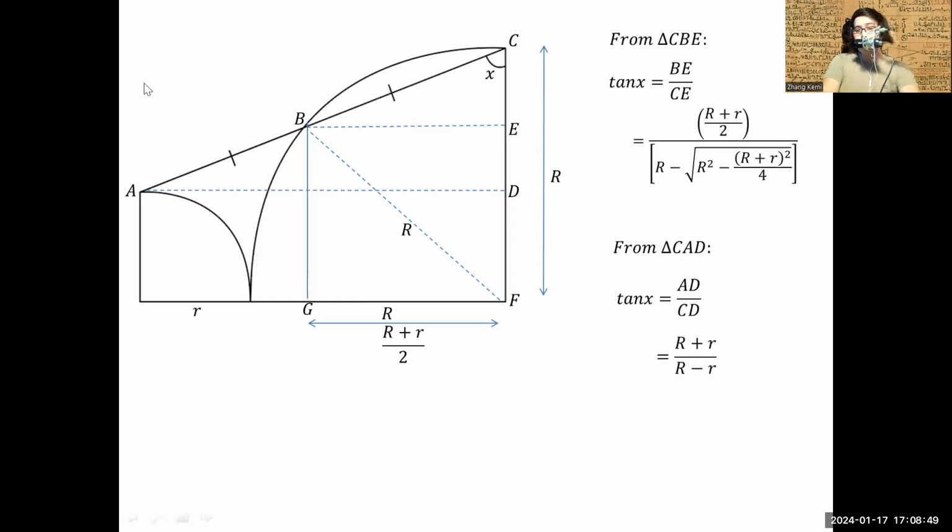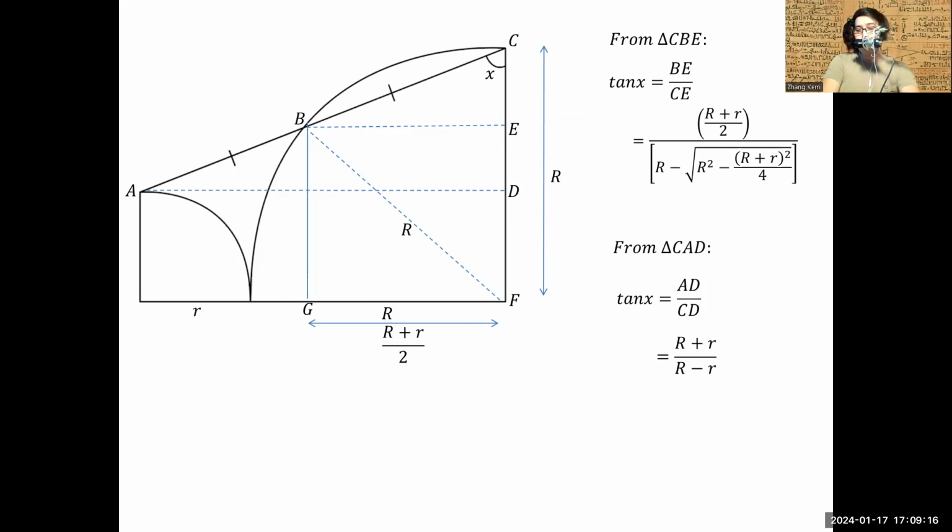Likewise, if you look carefully, AD is simply our small letter r plus capital letter R, and our CD is simply our capital letter R minus the small letter r, because DF over here is the same as the small radius of the small quadrant. So it will be simply capital letter R plus small letter r over capital letter R minus small letter r.